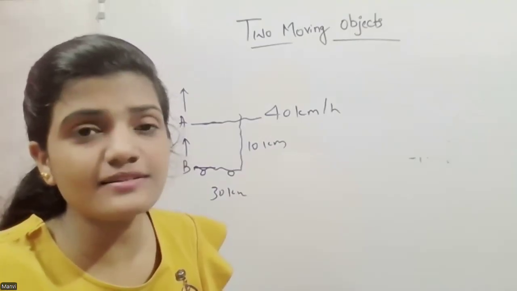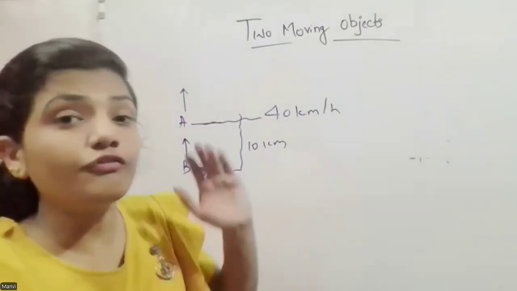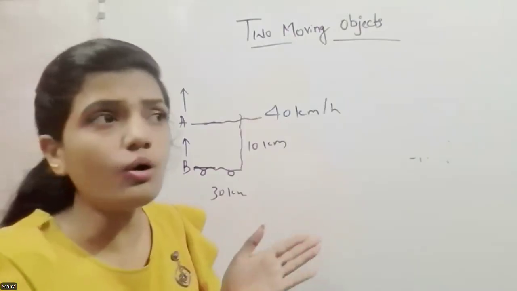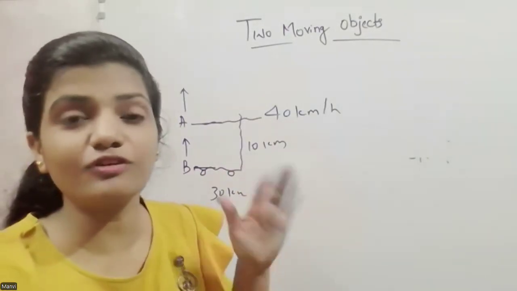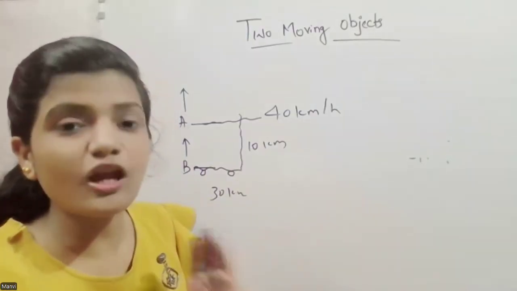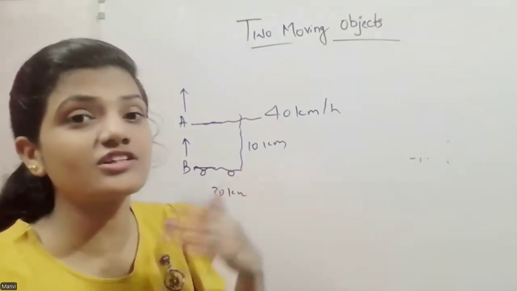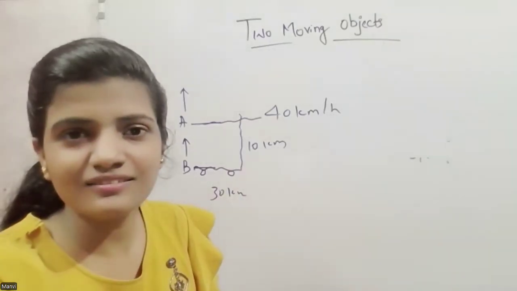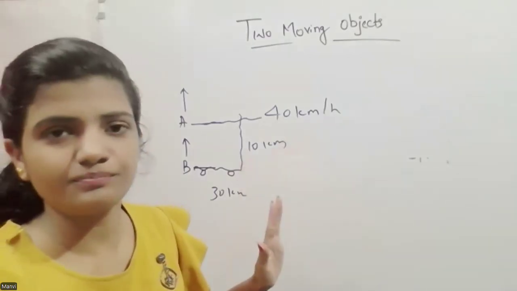If you know that much distance we have to cover in that much time, you can say what speed we need. If we want to reach faster, we need to increase the speed. And if you know the speed, then you can say we will reach after 2 hours, after 3 hours, something like that. So this chapter is actually very important.